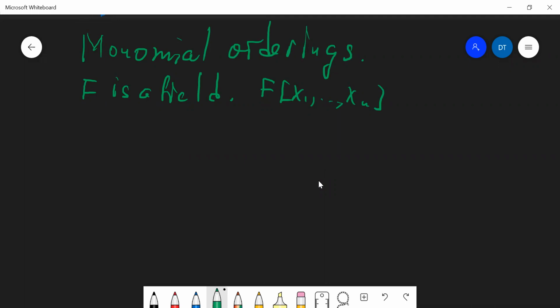Okay, now I want to define a lexicographical order on the set of monomials, not polynomials, but just monomials. In order to define a lexicographical ordering, first I need to order the variables, and then each ordering of the variables x1, ..., xn gives me a unique lexicographical order. So, the definition.